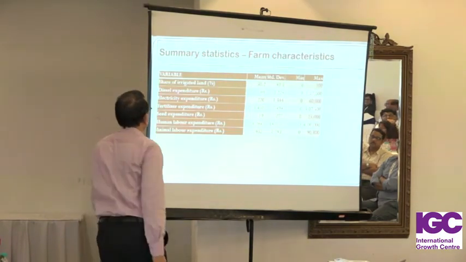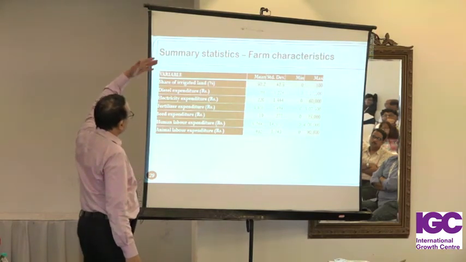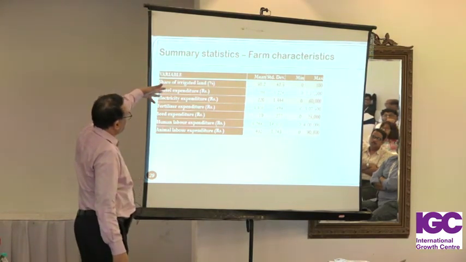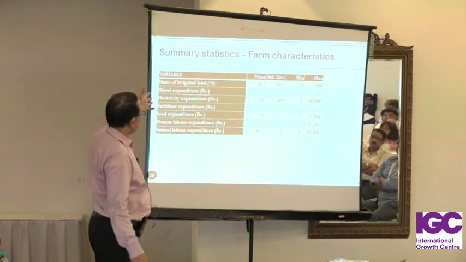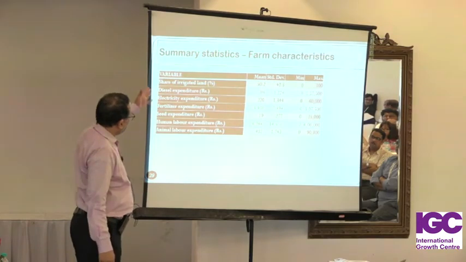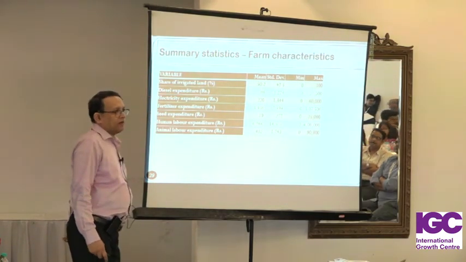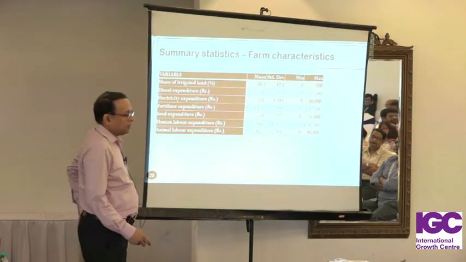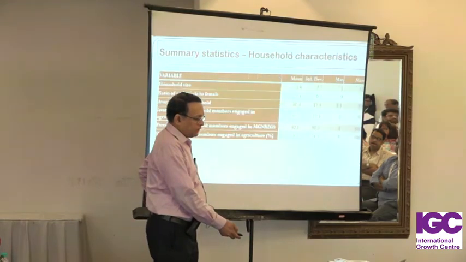These are the farm characteristics. The share of irrigated land is about 50%, diesel expenditure is 708 rupees, electricity and so on and so forth. So we have the expenditure on different items and the share of irrigated land in the total, that also we have. We can extract all this information from the NSS.